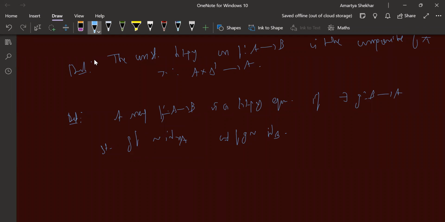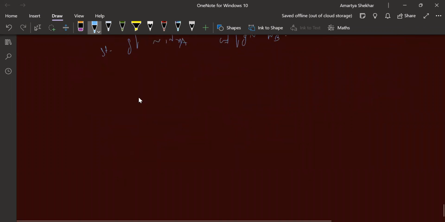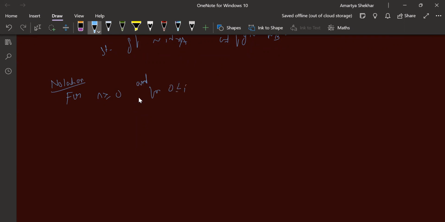Okay, so now an important fact. Again, these are some notations. We know that for n greater than or equal to 0, we have horn inclusions.